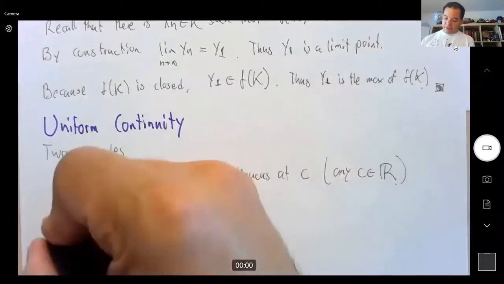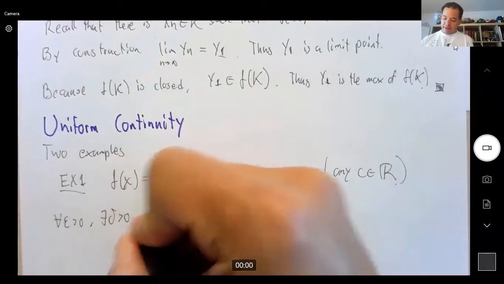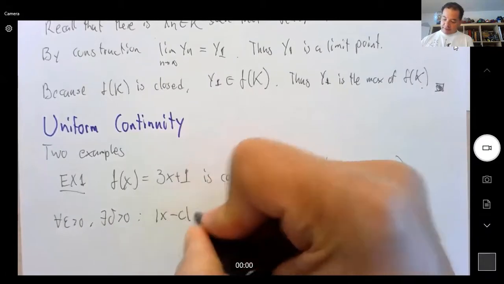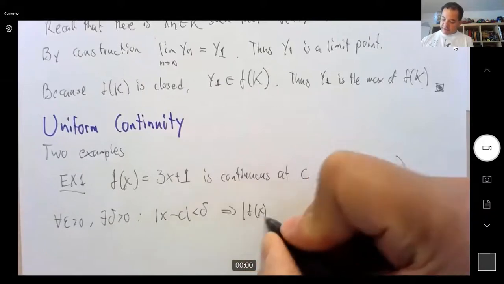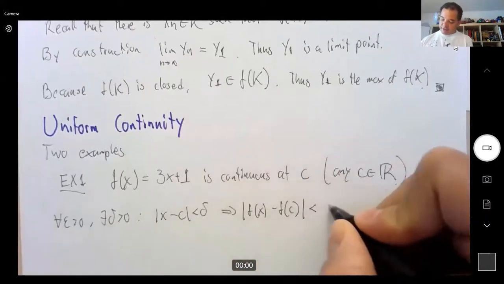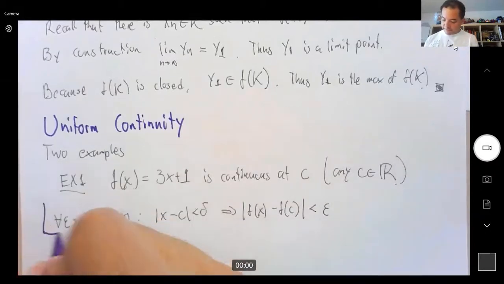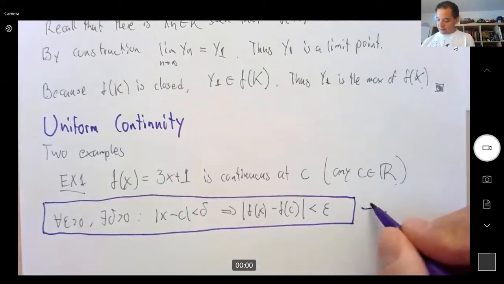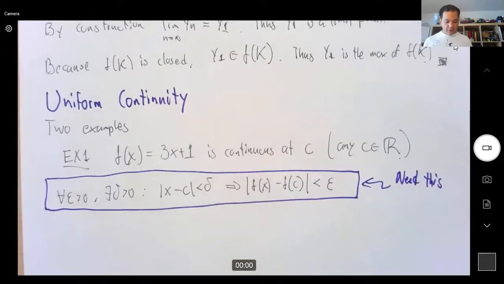The definition is that for every epsilon, there is a delta, such that if |x minus c| is less than delta, then |f of x minus f of c| is less than epsilon, right? That's what you would need to show. Need this, right?